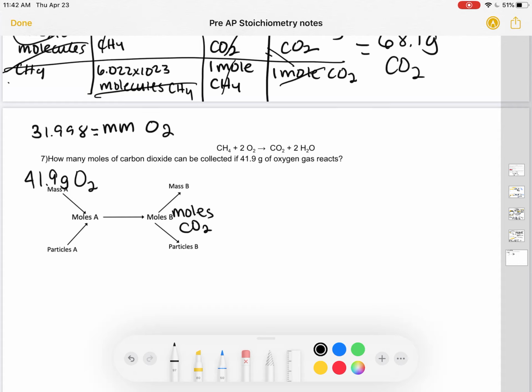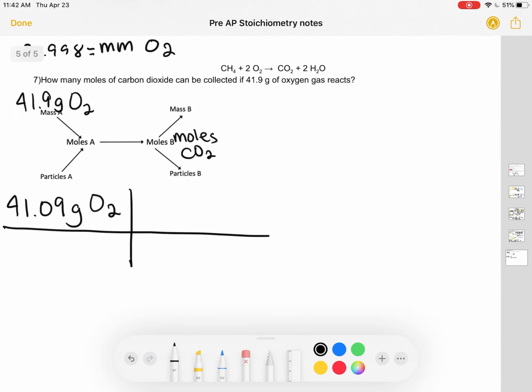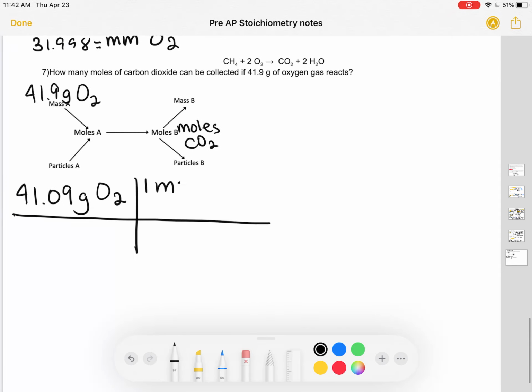Okie dokes. So we have 41.9 grams of O2. We have to get rid of grams and get moles. So for every 1 mole of O2, there are 31.998 grams of O2. Now we're going to switch over to moles of carbon dioxide.